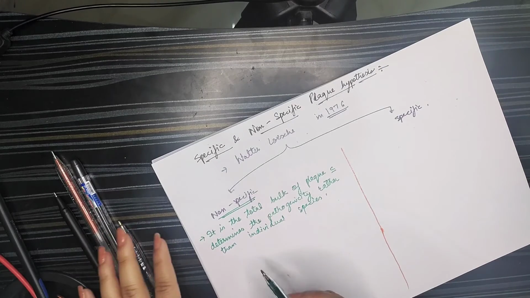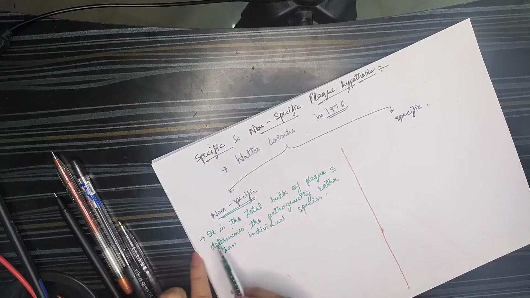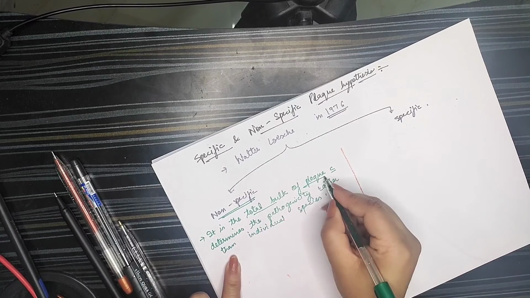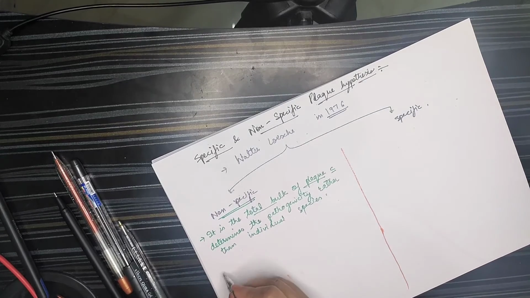So what did the non-specific hypothesis say? It says it is the total bulk of plaque which determines the pathogenicity rather than the individual species.